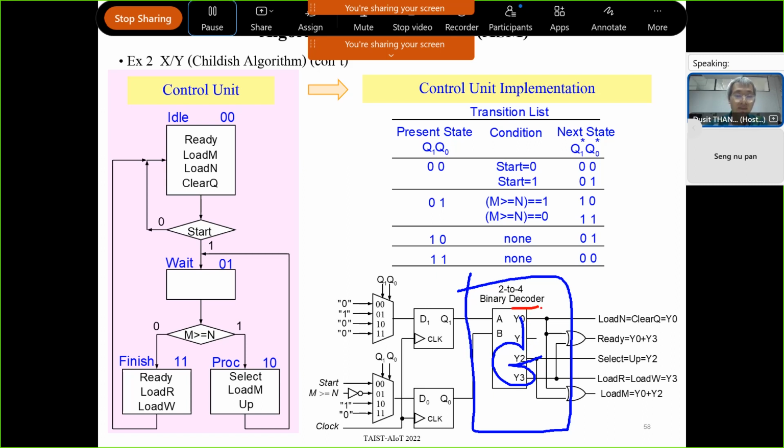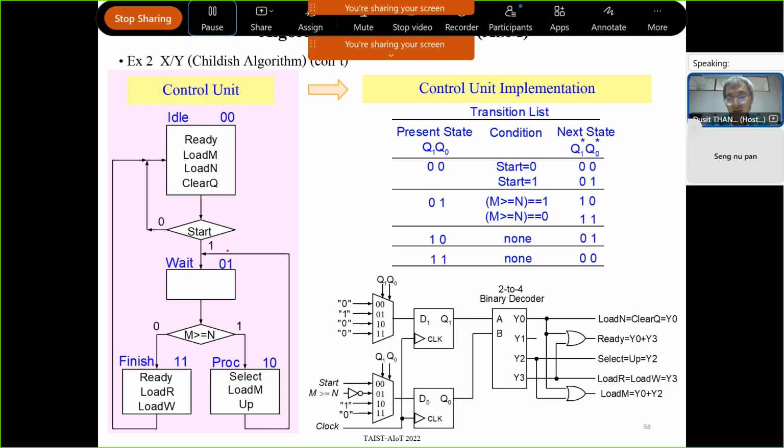A decoder can implement any function for a combinational circuit. Okay, this is the decoder. At state 00, the output of the flip-flops will be 0, 0, so Y0 will be 1, right?